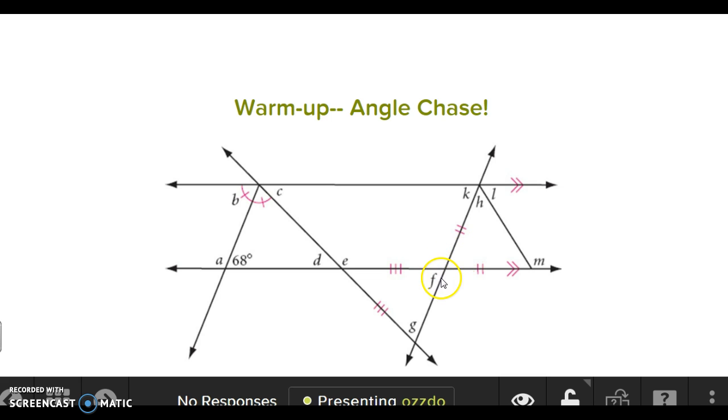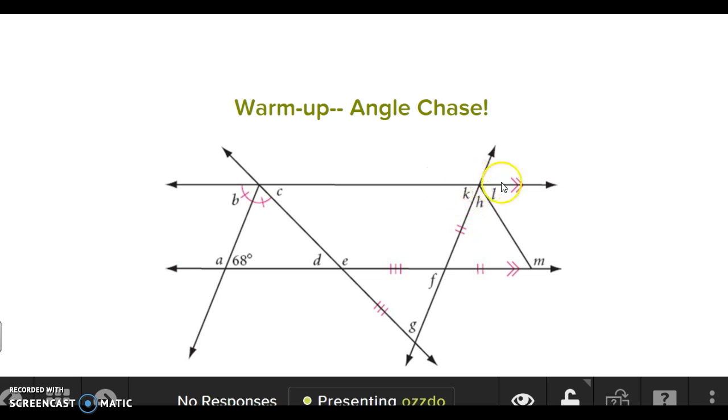And then we can find H because F and the vertex angle of the next isosceles triangle is also 68 degrees. So H and this other angle, they are our base angles of our isosceles. Okay, so we take 180 minus this 68 and divide by 2. So H is 56 degrees.